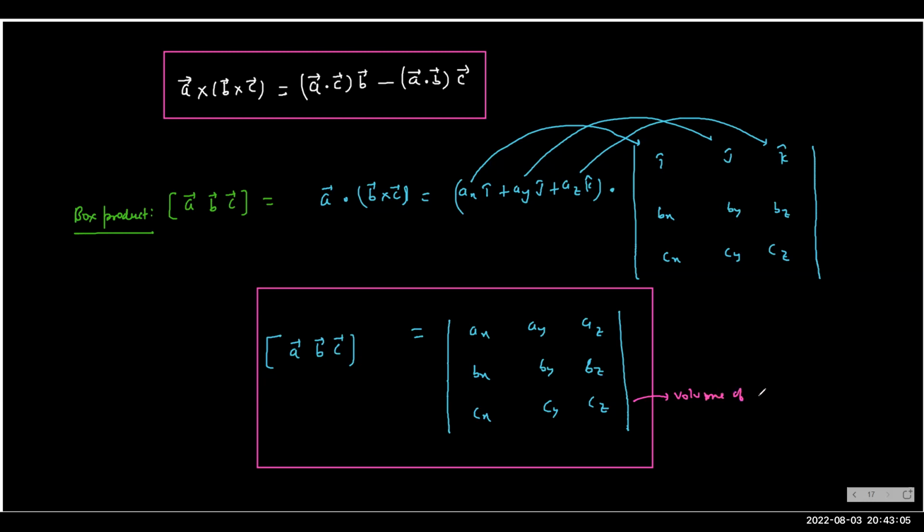The volume of the parallelepiped formed by vectors A, B, and C. And if they are coplanar, then this determinant will be 0.